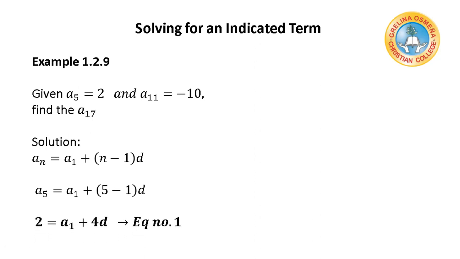So plugging that in, we have this first equation. We are looking for d, but we have 2 unknowns here, a sub 1 and d. We don't have the value of a sub 1 yet; we are only given the value of a sub 5. So 5 minus 1 is 4, that's 4 times d.